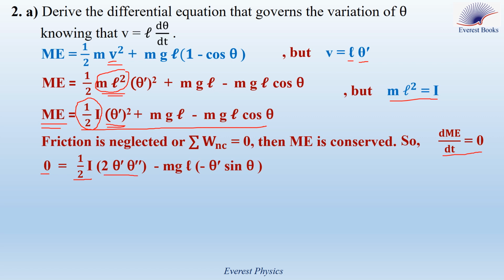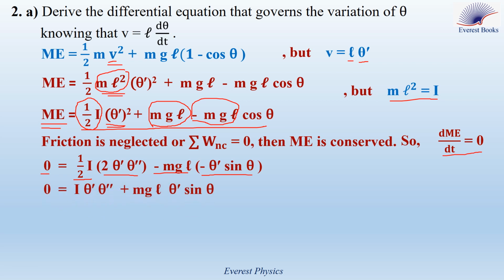mgl is constant, therefore its derivative with respect to time is equal to 0. Similarly, minus mgl cosine θ: minus mgl is constant, then the derivative is equal to minus mgl times the derivative of cosine θ, which is equal to minus θ' sine θ. 1/2 times 2 is equal to 1.